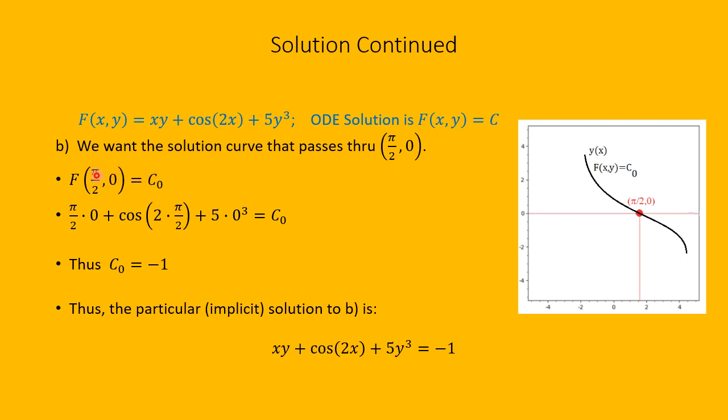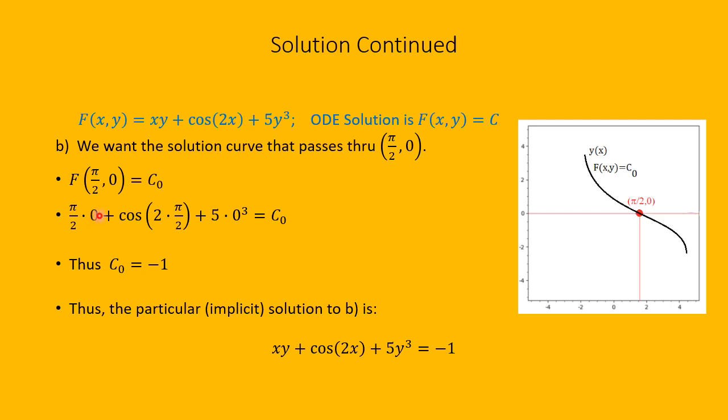So plugging pi over 2 in for x and 0 in for y, we have pi over 2 times 0 plus cosine 2 times pi over 2 plus 5 times 0 cubed has to equal c naught. If we add all of this up, we have a 0 term, cosine of pi is minus 1, and another term which is 0.